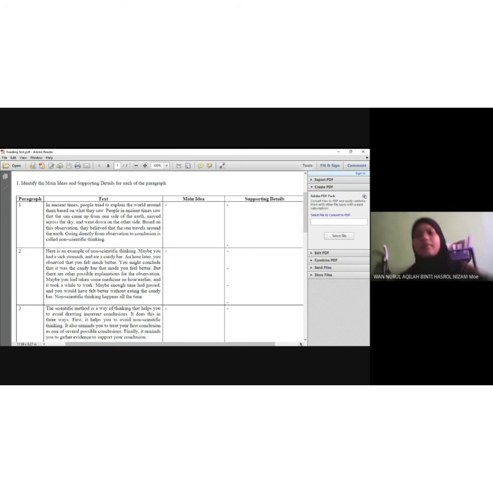Okay, that one is the supporting detail for number 1. Number 2, going directly from observation to conclusion is called non-scientific thinking. Very good. What about paragraph 2?